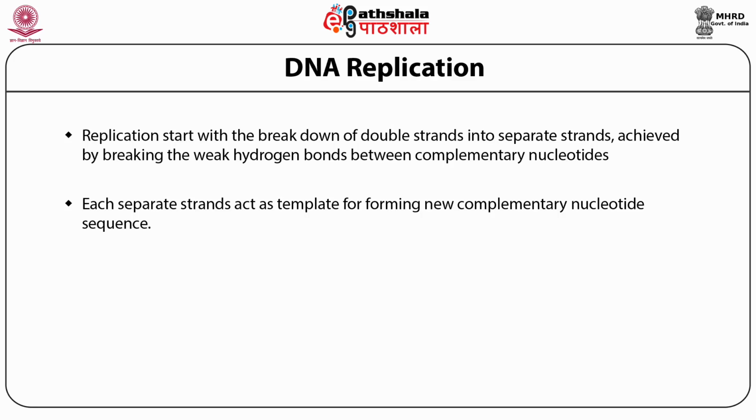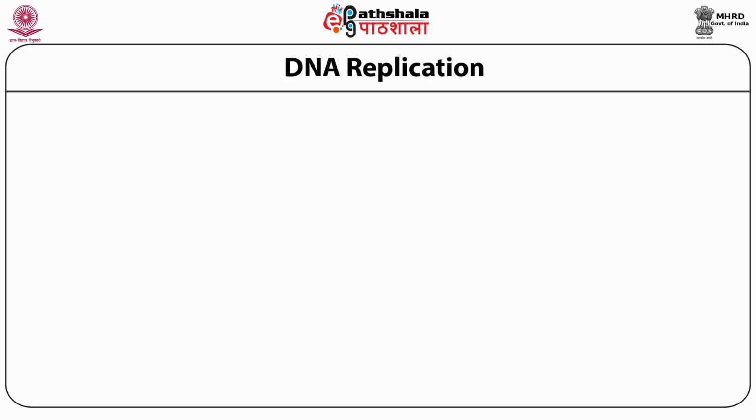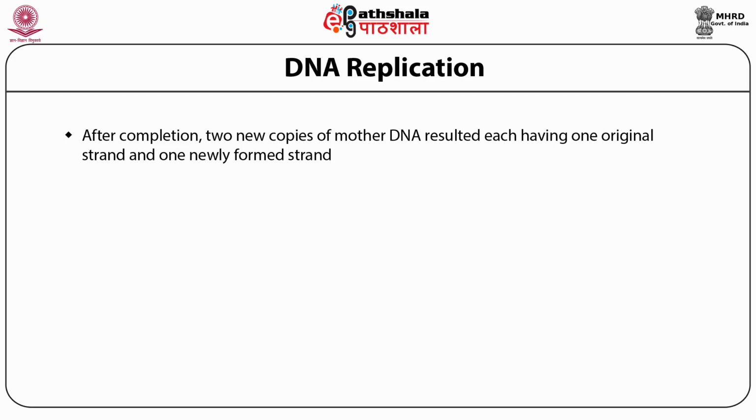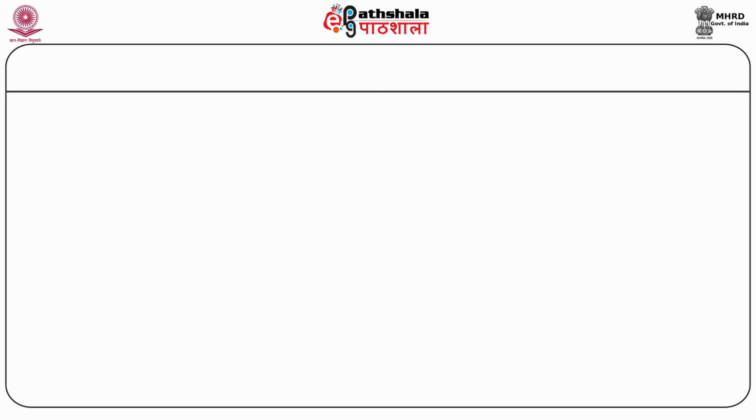Every step of DNA replication is mediated by a particular enzyme. After completion, two copies of the mother DNA molecule are formed, each having one original strand and one newly formed strand. These two DNA molecules are then passed on to two daughter cells during cell division.